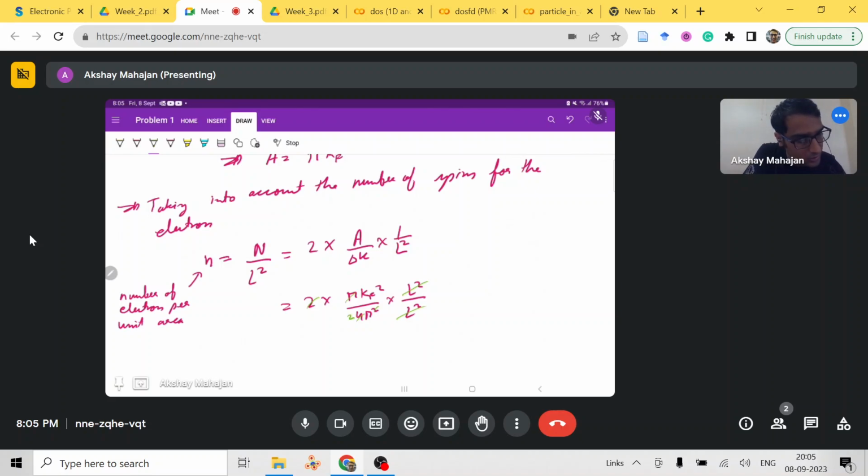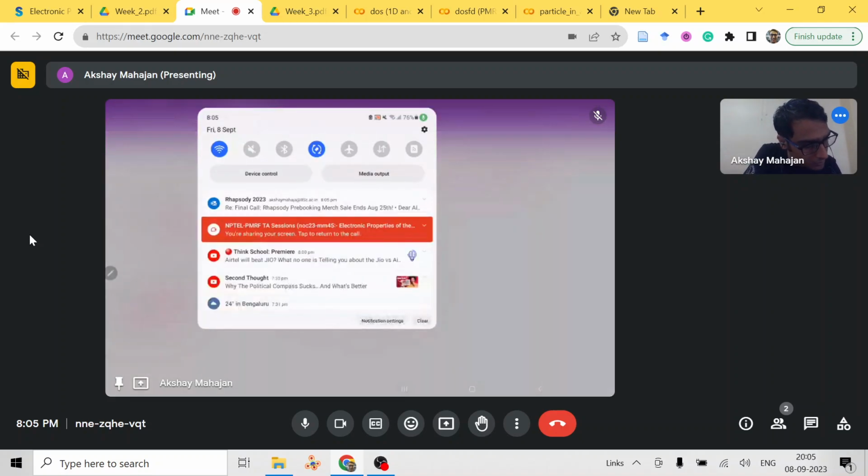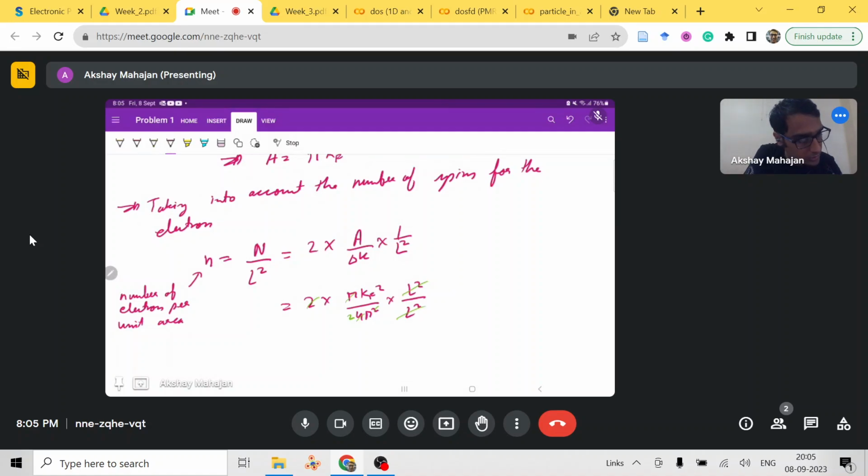So what we are left with is kf square upon 2 pi. This is the relation that we want, the relation between n and kf that was asked.